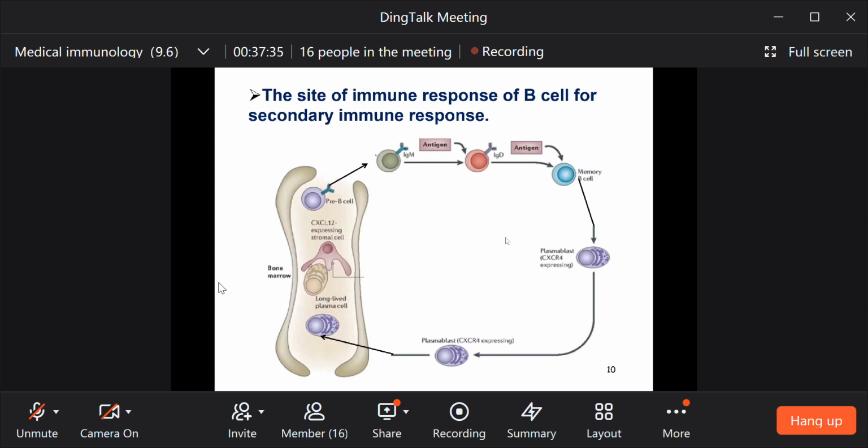So this is why we say that the bone marrow is the site of the B cell secondary immune response. We can understand it from this picture.